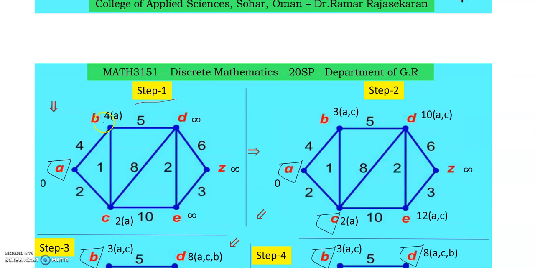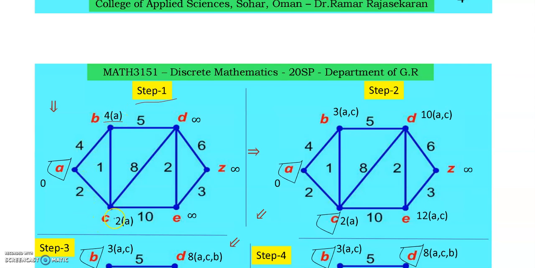We write 4 near this vertex, and inside the bracket we write A, because we reach vertex B from the source vertex A by this distance 4.